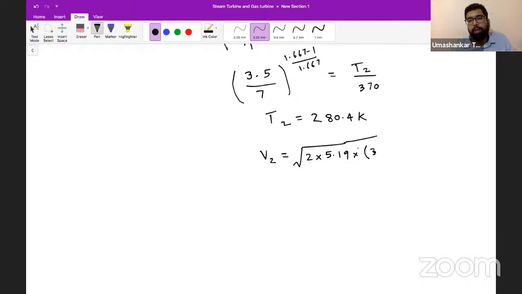T1 is 370, and now we have the value of T2, 280.4. So can someone tell me the value of the exit velocity of the nozzle?